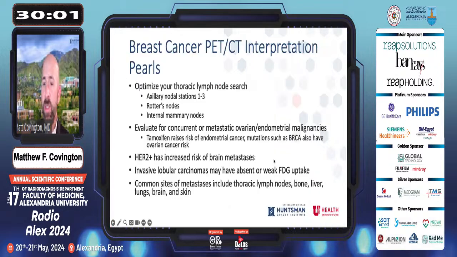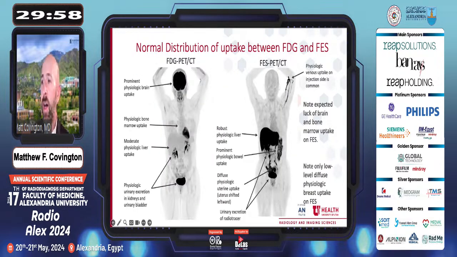And then this is a slightly off-center MIP image here. And I want to point out that this right here is uterine uptake. And in a premenopausal woman, you typically will see some degree of uterine uptake. That is actually helpful when you do see it as kind of a positive control to know that estrogen receptors are in fact binding to the estradiol that you've injected.